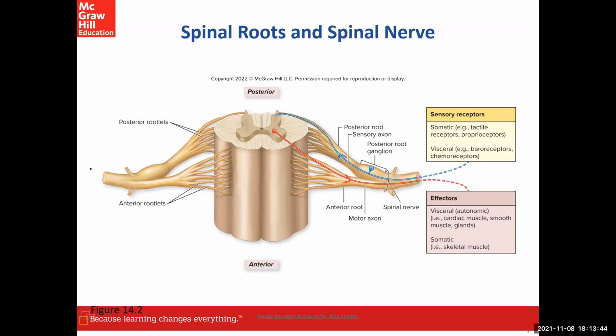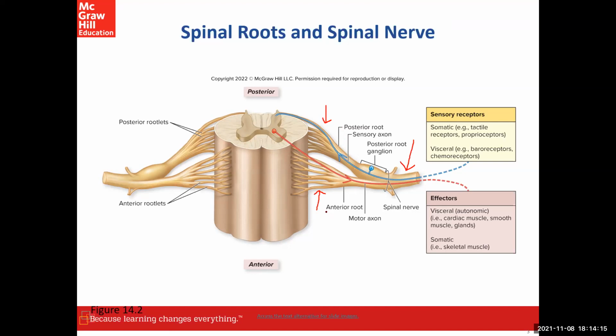In lab today, we're going to talk about the cranial nerves, and cranial nerves are nerves that come off of the brain. So when we're talking about a spinal nerve, we're talking about this structure right here. That's your spinal nerve. And we'll see that the spinal nerve splits off to two different structures, one in the posterior part back here, and one in the anterior portion up here. And those are called spinal roots.